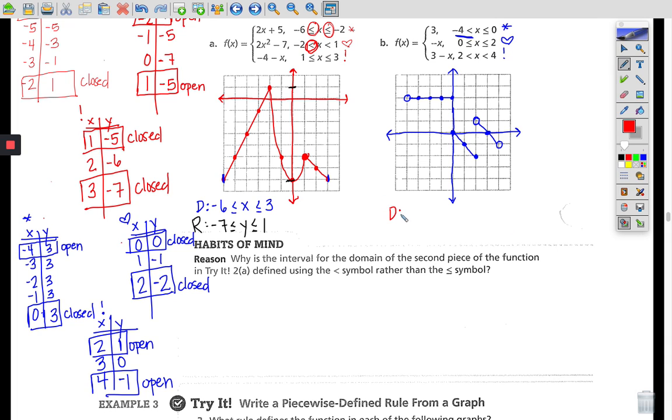Alright, this domain and range is not as easy as the one for part A. Again, remember domain is your x value, so we look left to right. My smallest x value, even though it's a closed circle, is right here at negative 4, okay? It is a closed circle, so that means that inequality symbol does not have a line underneath it.